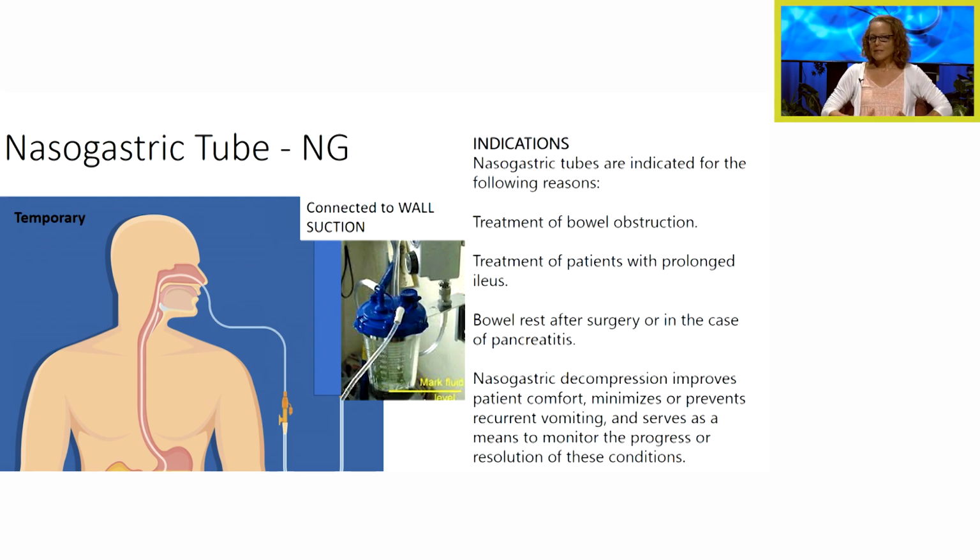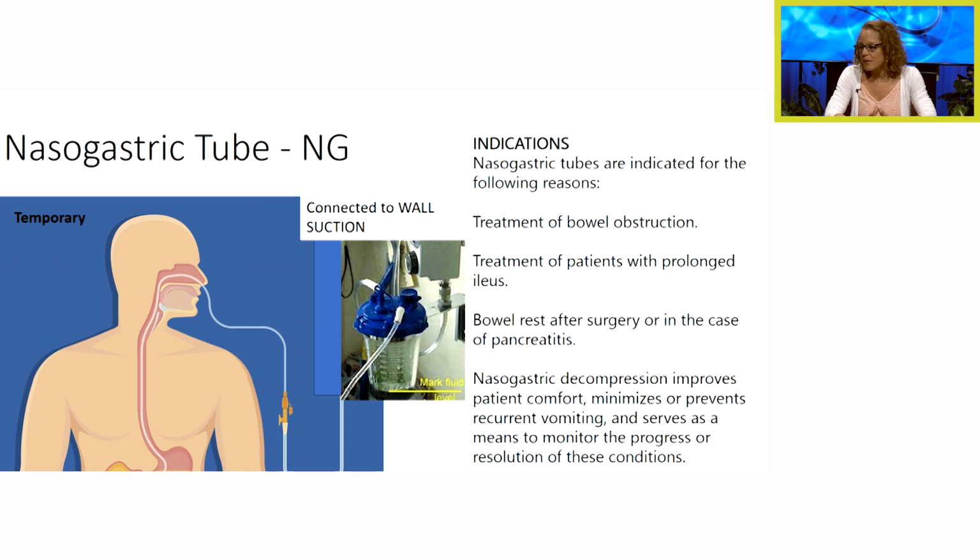If that's happening, then gas, air, liquid, and mucus are going to be collecting in the stomach. The patient is going to become very distended. They're going to feel nauseous. They're going to be vomiting. They're going to come into the ER and say they haven't been able to eat for a few days because they've completely lost their appetite.